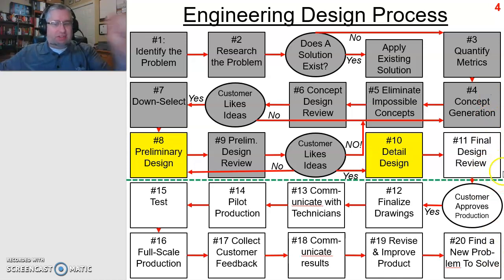And so we do the first 11 steps out of this 20-step process in MEC 2. And by now, you guys have marched through all of these different steps, 1, 2, 3, 4, 5, 6, 7, and are probably working either on the preliminary design report and/or the final design report.